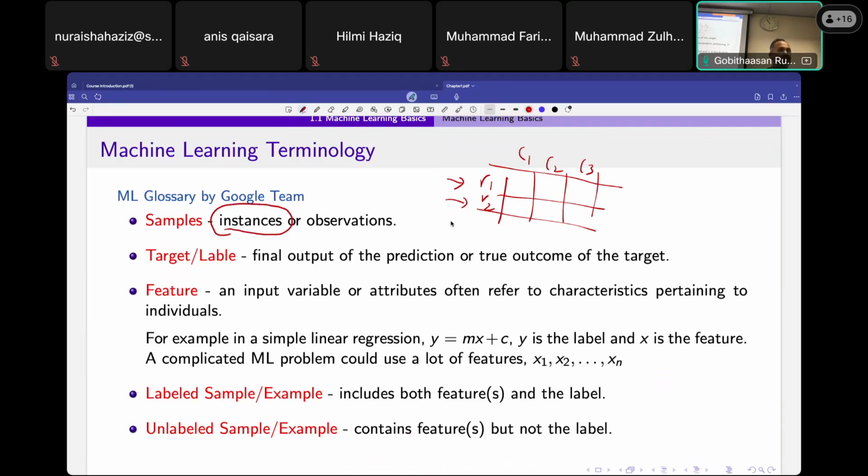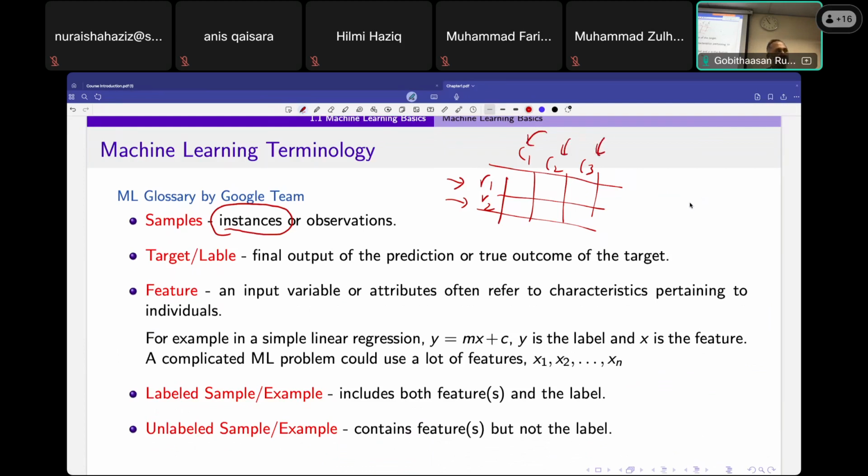Okay. So for example, in a class, if I take data from students, so R1 represents student 1, R2 represents student 2, right? So rather than calling student 1, student 2, observation 1, observation 2, I call it instances. And here, these are features, right?